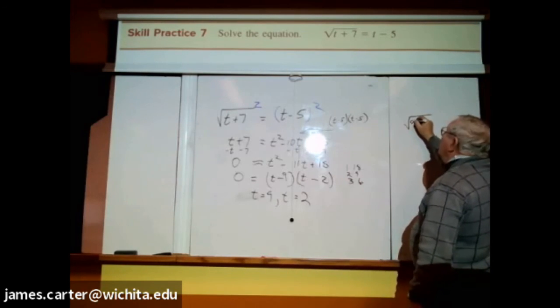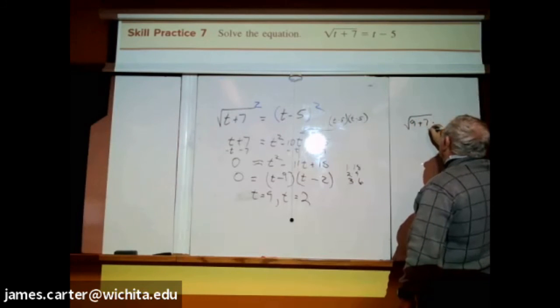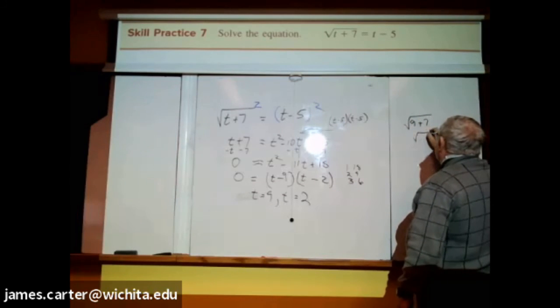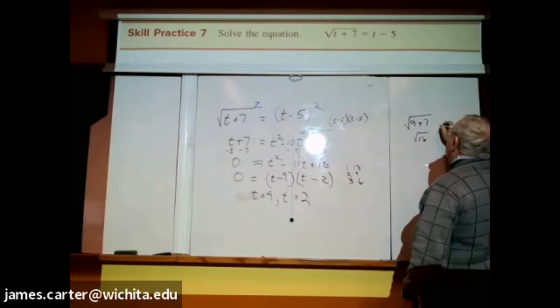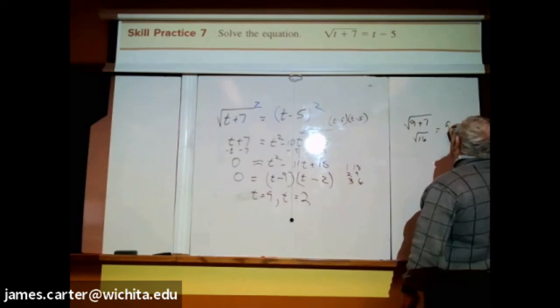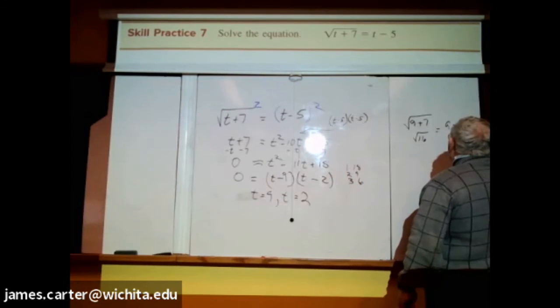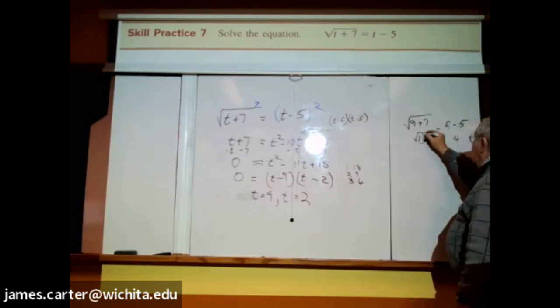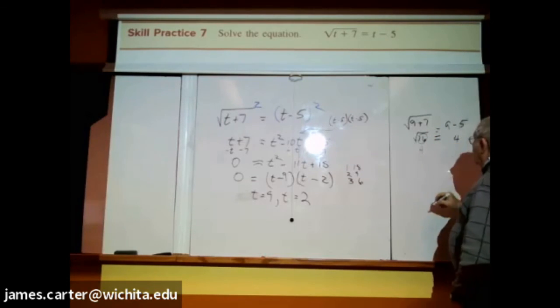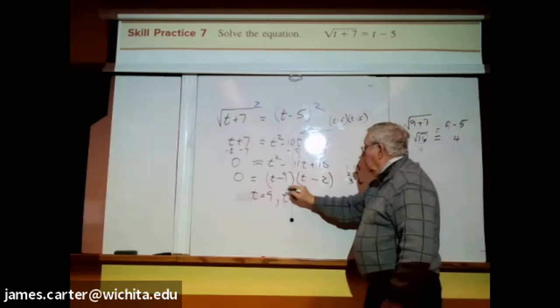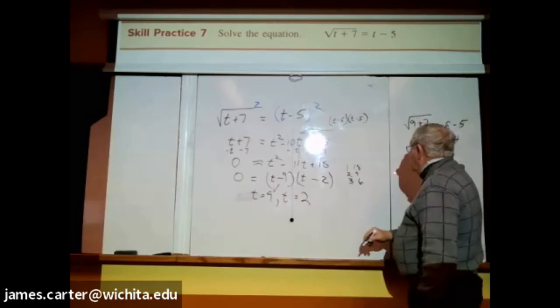Square root of 9 plus 7, which is square root of 16, equals 9 minus 5. I'm thinking ahead. And square root of 16 is 4, so that one checks. Now let's check this one.